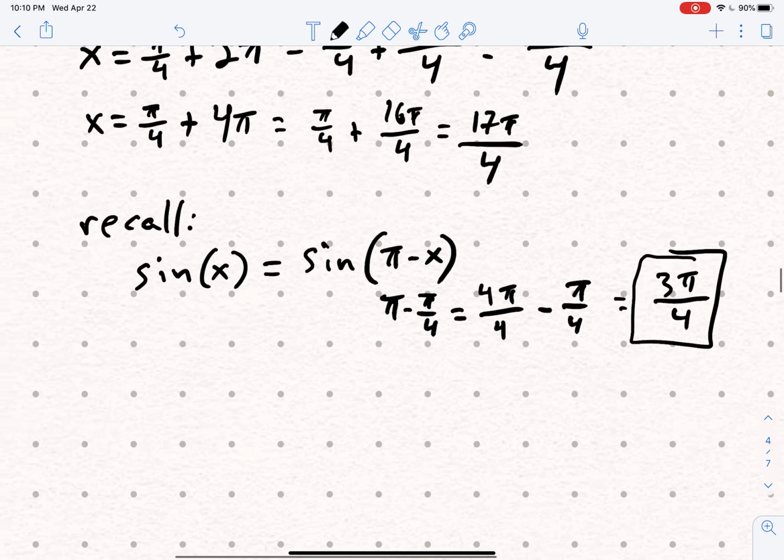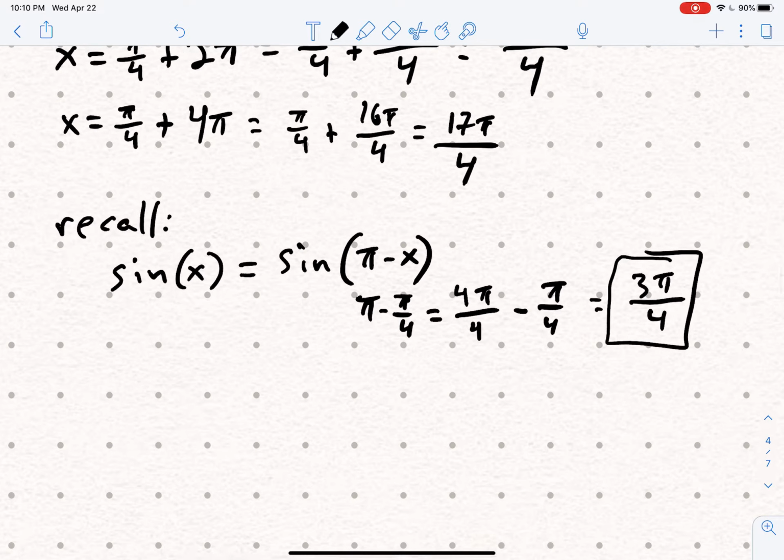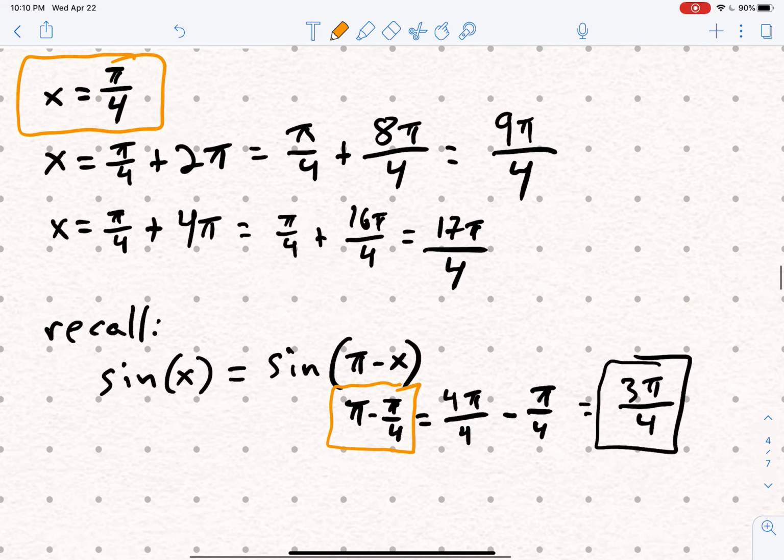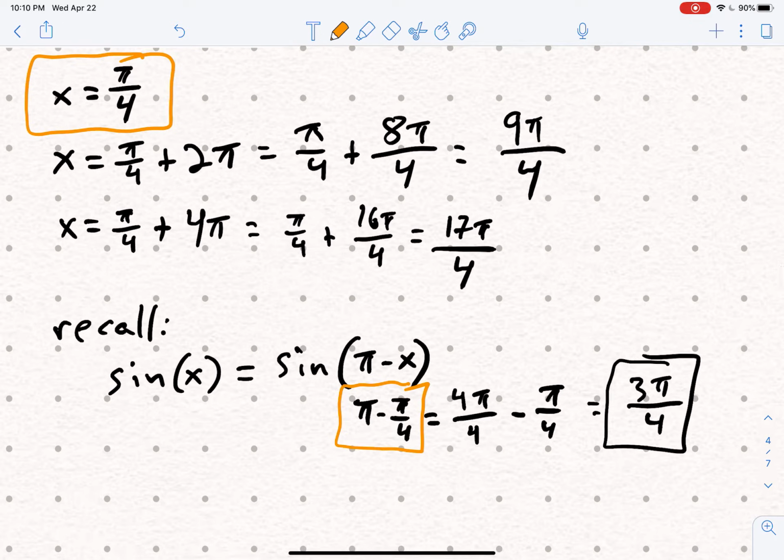Let's go ahead and just double check that 3 pi over 4 is a solution. The thing to remember from this is that we used pi minus in order to get the other value. We started with an original value. This one we just got from the table or from knowing the values of sine and cosine at common angles. And then for the second one we did pi minus that. And that may seem like a familiar process from a previous day.